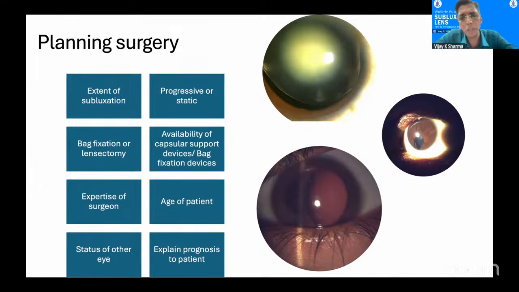And one very important part is explaining the prognosis to the patient, because usually other comorbidities, maybe, for example, in a blunt trauma, the patient may have a choroidal rupture, or iridofundal coloboma may have an extensive involvement of the retina, including the fovea. So in those cases, the patient should be given realistic expectations of their visual outcome after the surgery.